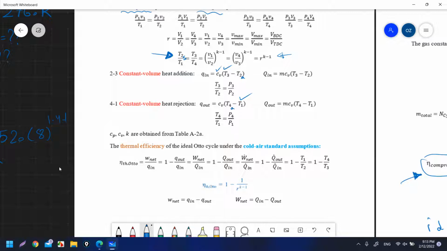This one is T4A. I have to calculate T4S first from the isentropic relation, then I can go to the isentropic efficiency equation and find T4 actual. So let's find T4S first.